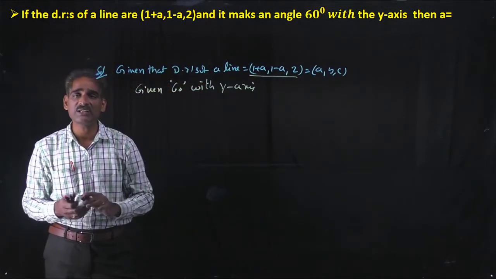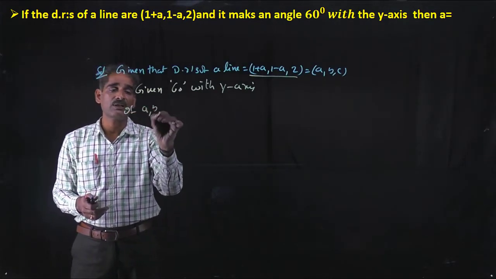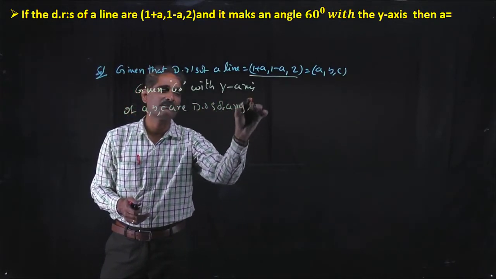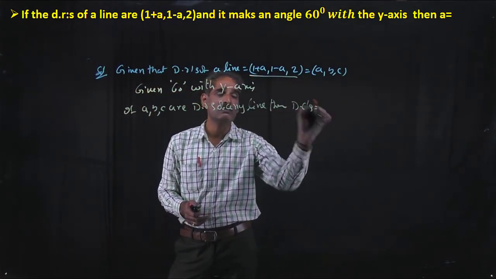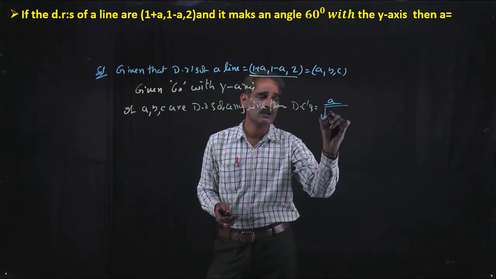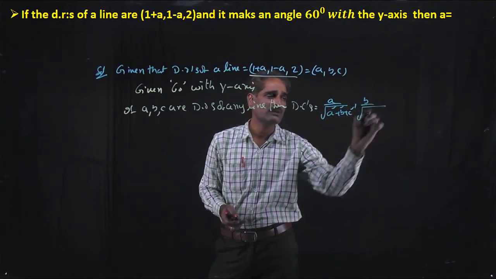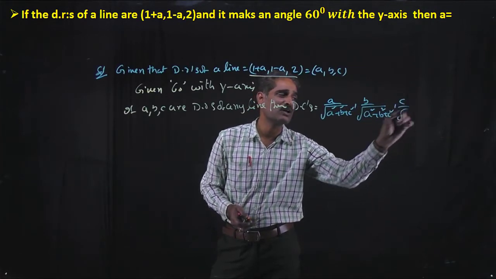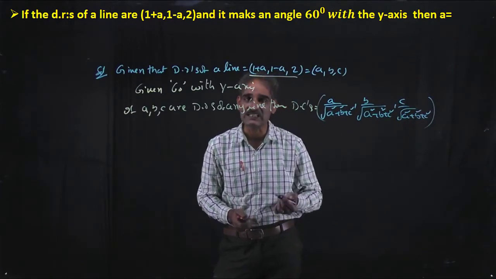If a, b, c are the DRs of any line, then the DCs of the line are a by root of a square plus b square plus c square, b by root of a square plus b square plus c square, and c by root of a square plus b square plus c square. This is the formula to find the DCs.